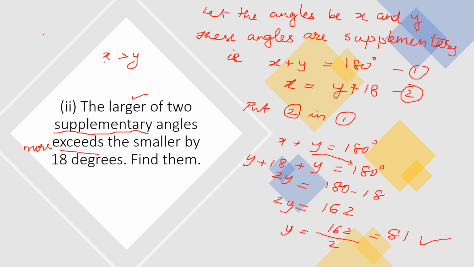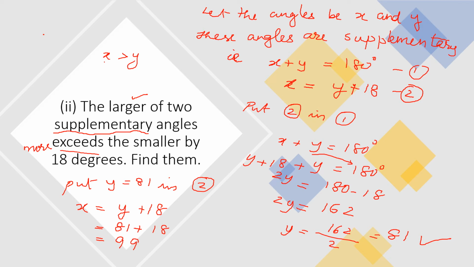When you get y equal to 81, then what is x? If you get one value of y, then you have to find the other value, x, also. So we put y equal to 81 in 2. Then x is equal to y plus 18, that is 81 plus 18, which is equal to 99.